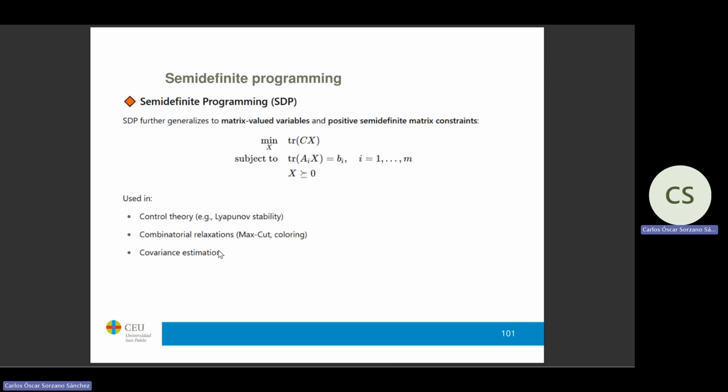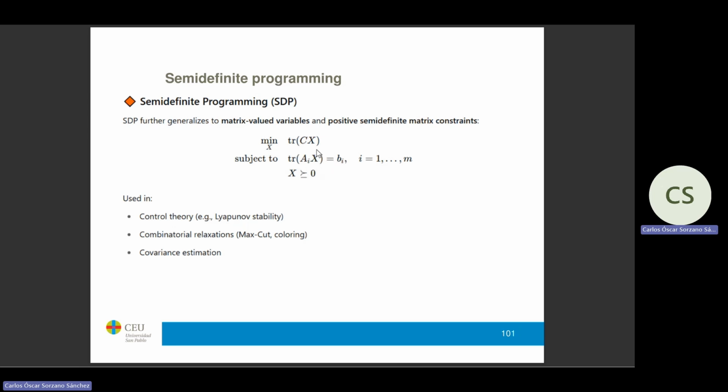Then semi-definite programming is another family. Here what we want to minimize is the trace of X, where X is now a matrix. You want to minimize the trace of X with some linear transformation, subject to some other constraints. This is the way of expressing linear constraints now with matrices.